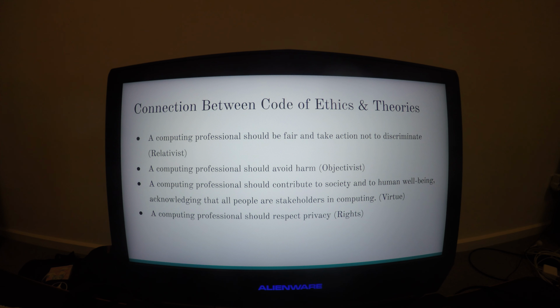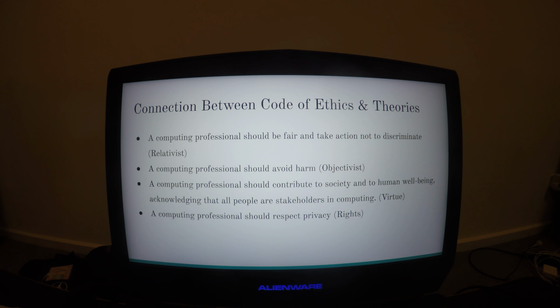Moving on to connections between code of ethics and theories. The first is a computing professional should be fair and take action not to discriminate, which has the connection to relativism. Relativist views may be based on culture, perception, and belief.